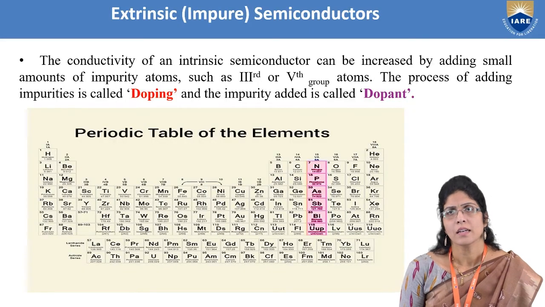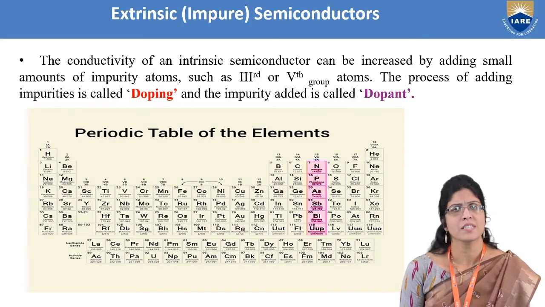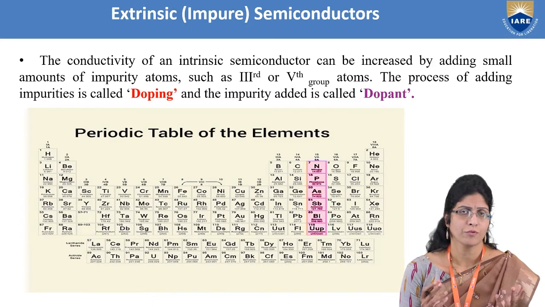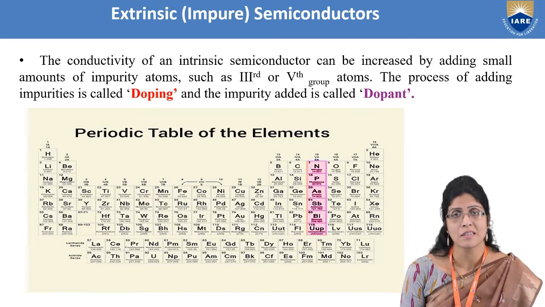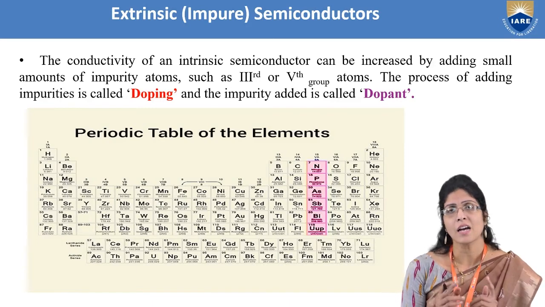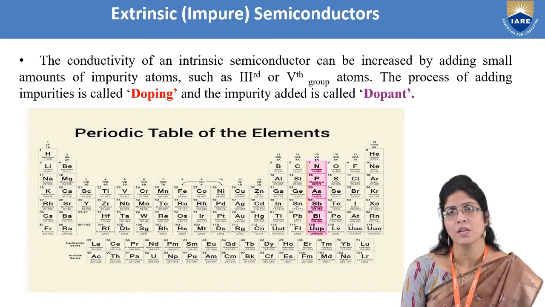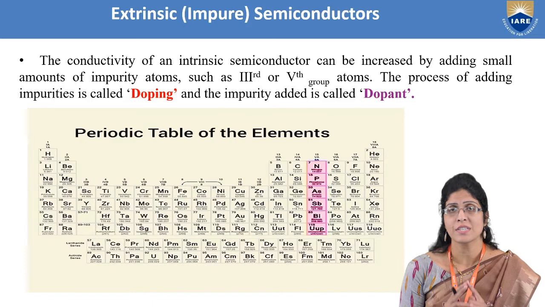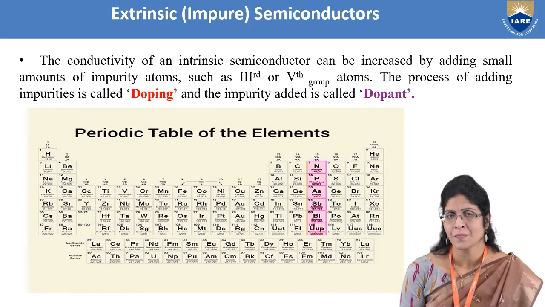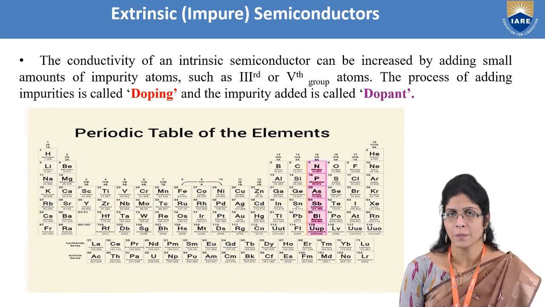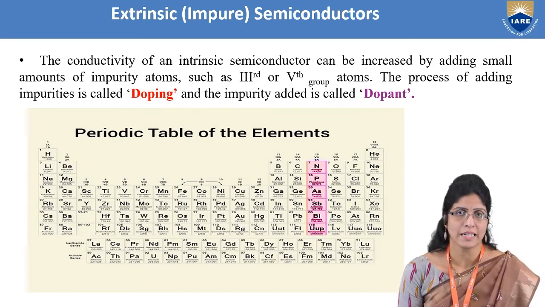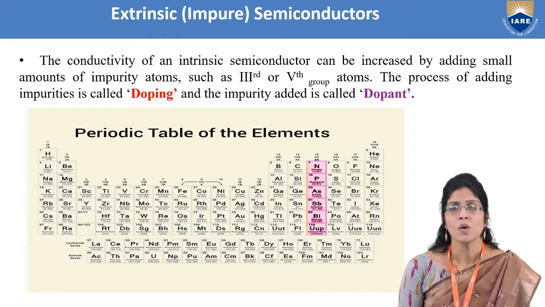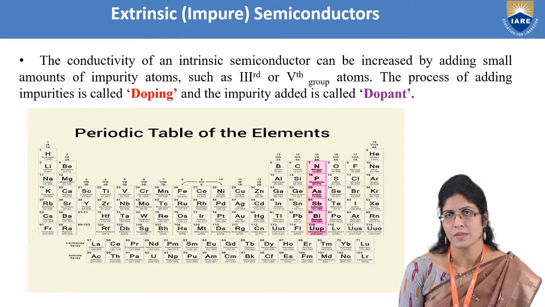Now, why should an extrinsic semiconductor exist apart from intrinsic semiconductors? As I told you in my previous videos, intrinsic semiconductors, though they have good physical properties like hardness and good covalent bonding along good directions between neighboring atoms, do not have good conductivity, because there are no free electrons.